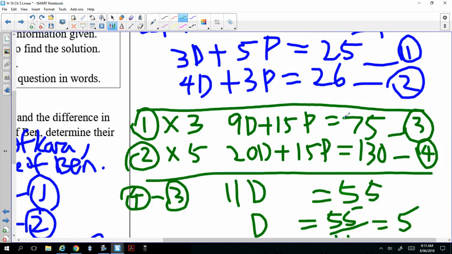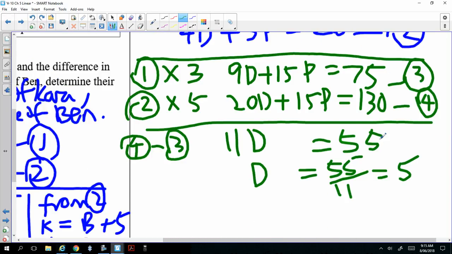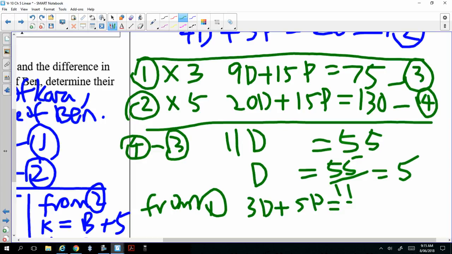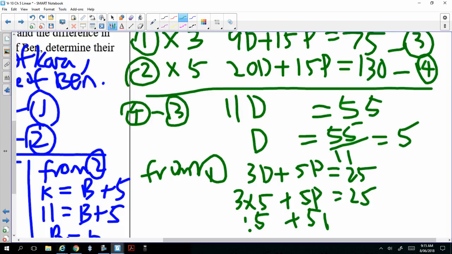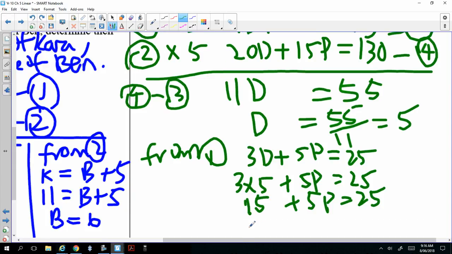So from 1, you go 3D plus 5P equal to 25. Replace D by 5, so 3 times 5 plus 5P equal to 25. 15 plus 5P equal to 25. Then you can solve for P, so 5P equal to 10.